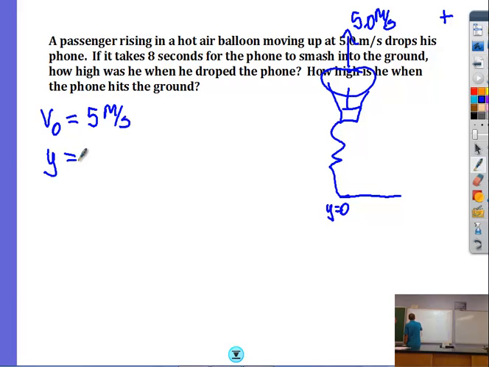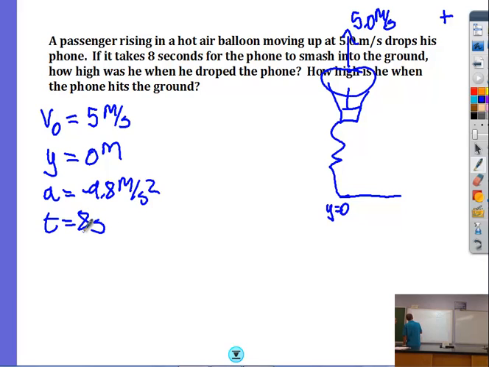Final position, y, is 0 meters. The acceleration due to gravity is negative 9.8 meters per second squared, and time is 8 seconds. And we are looking for, I guess, displacement. So yeah, we want to know his initial position. How high was he when he dropped it?